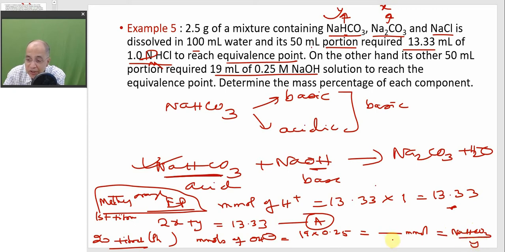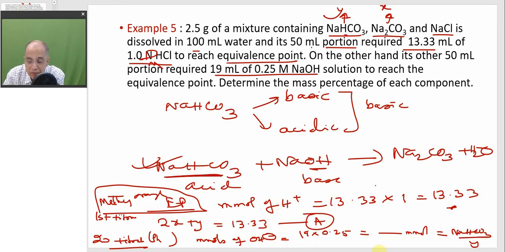So Y is equal to this from the titration with alkali, and 2x plus Y you already know from the titration with acid, the complete titration with acid. In the second titration, only sodium bicarbonate will be estimated, and the number of moles of OH minus ion is the same as the number of moles of sodium bicarbonate.